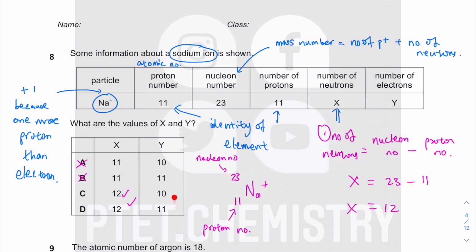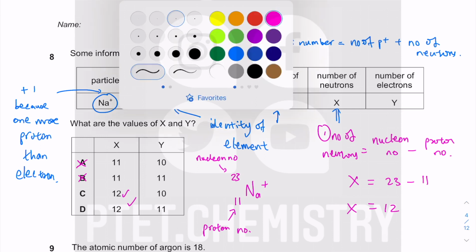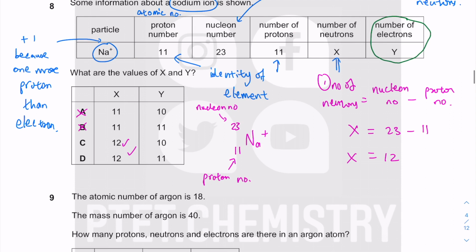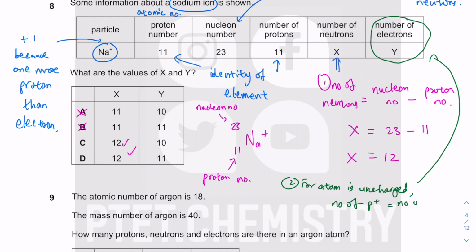But what is Y? This is the very confusing thing, because you would have heard me say in class that the number of protons equals the number of electrons, but that is for an atom. An atom is uncharged. If you have an atom, the number of protons equals the number of electrons, but ions are charged.